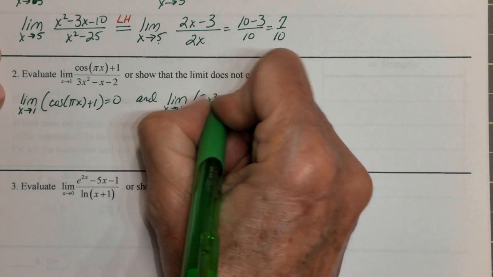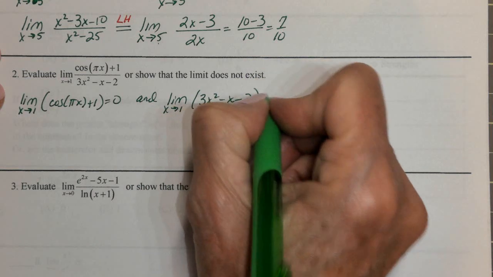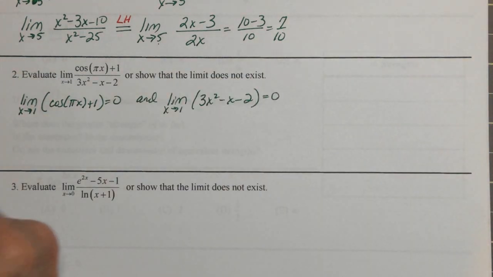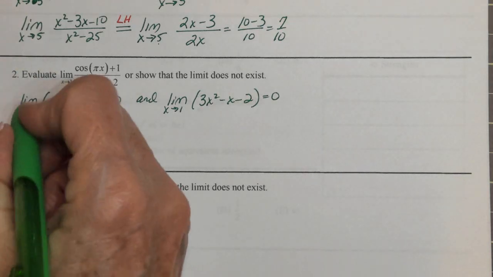This is a good one because how else would we do this problem? If we didn't have L'Hopital's, how would we do this? It would be a mess. It would be a real mess. Okay? So, keep that in mind.